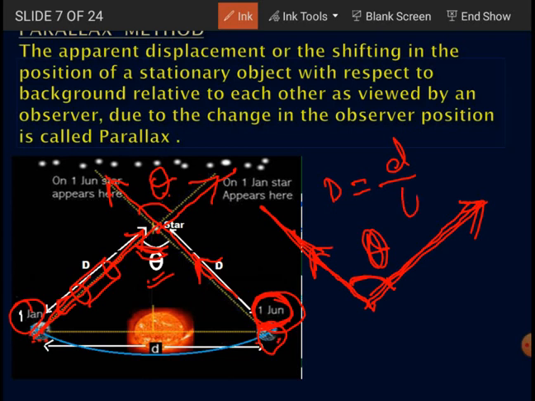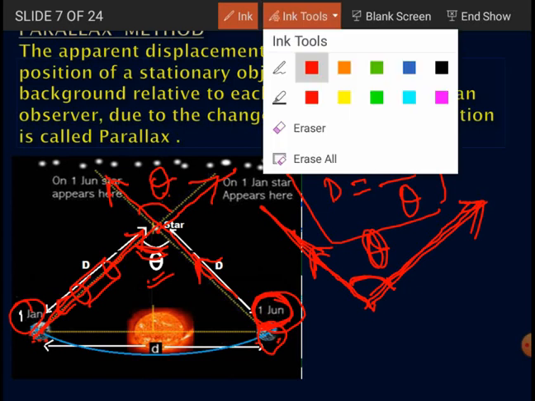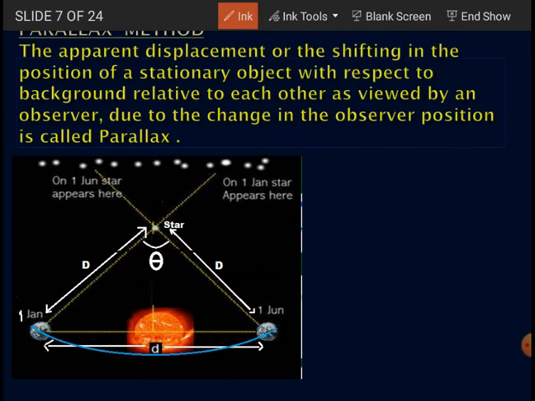And if you know this parallactic angle, then you can easily find out the distance between the Sun and the Earth. Likewise, you can also measure the diameter of heavenly objects, like that of the Moon, in the same way. Whether that one is here in the slide or not, let me see. But if it is there, yes, it may be there. Let me tell you when it comes.